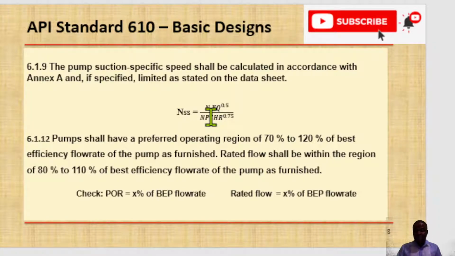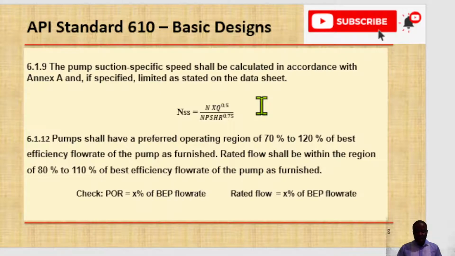Let me repeat this. If you use your N in RPM and you use your Q in cubic meter per hour with your NPSH in meter, this expression must be multiplied by 51.4 over 60 to get it in USC units.